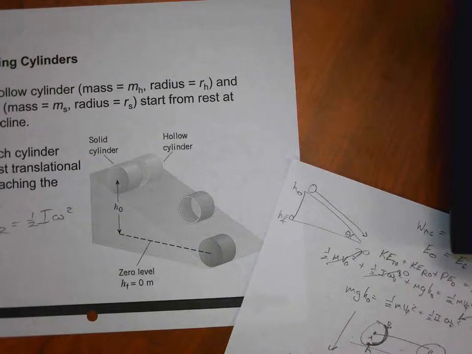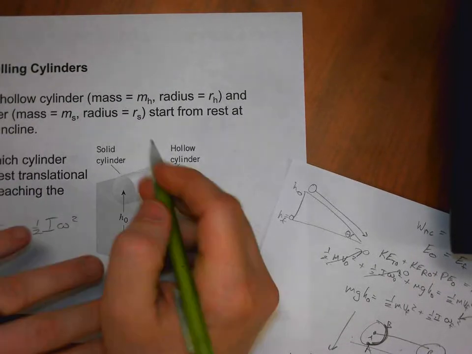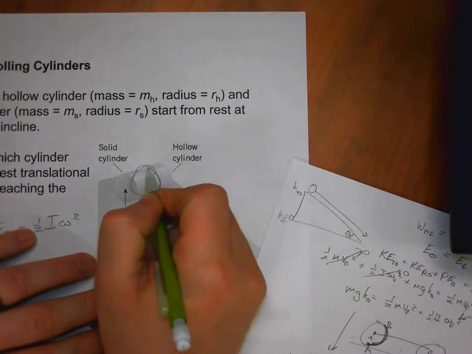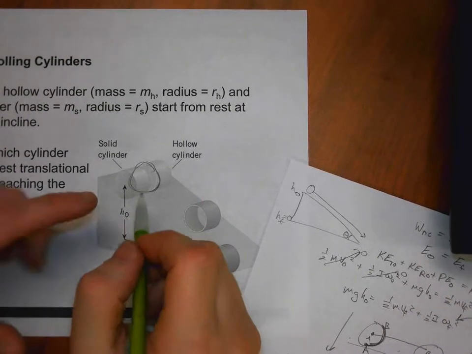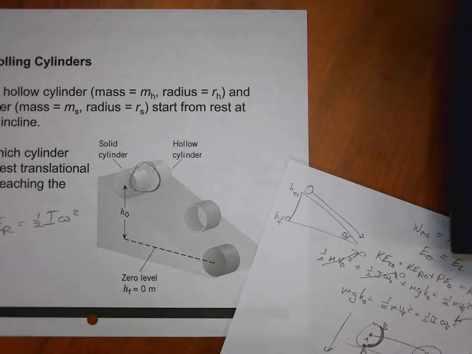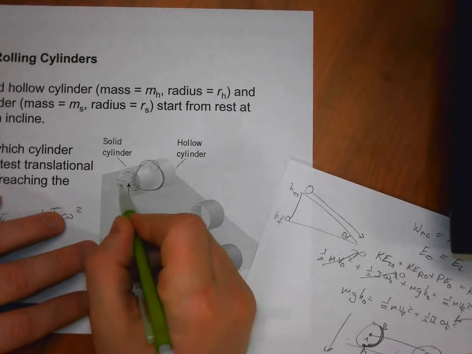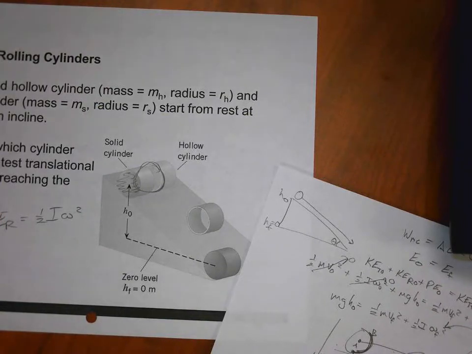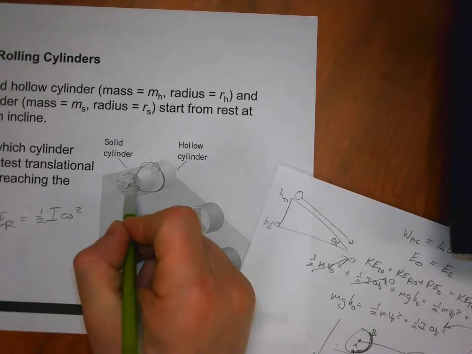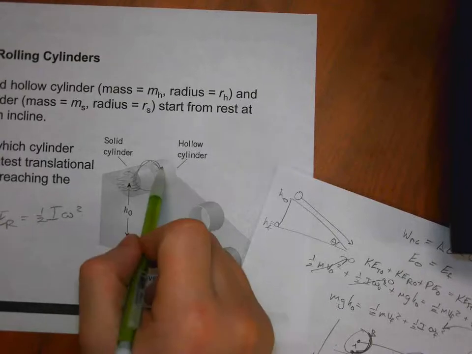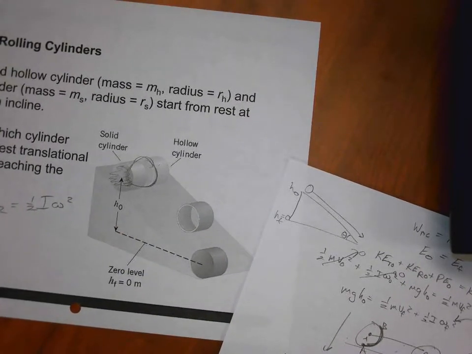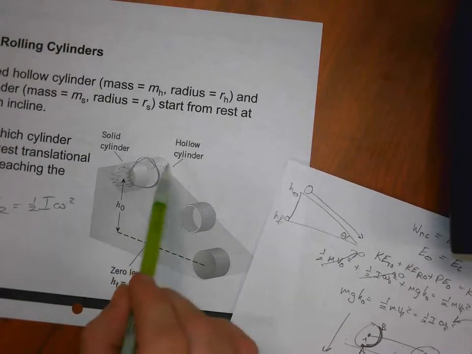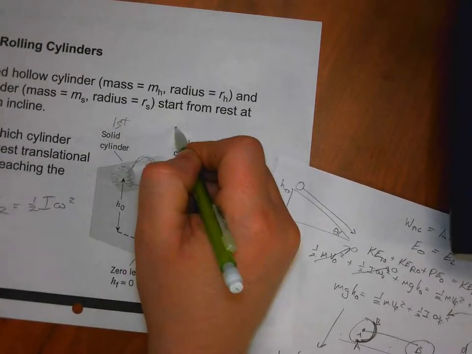Well, it's going to be the hollow cylinder, because the hollow cylinder has all of its mass spread out along the outer edge of the shape, whereas this has mass spread out at all different radii from the shape. So this is going to have more of its mass closer to its axis of rotation than this will have. So this will have the larger moment of inertia. So this should reach the bottom last. So this is first, this is second.